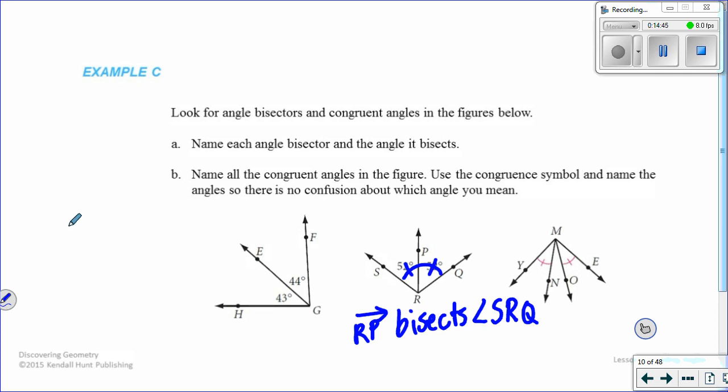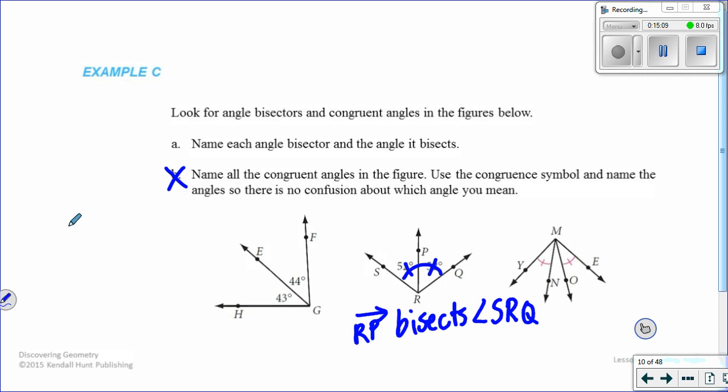All right? So let's look at this one right here. This one's a little bit different, this next one. And I'm going to skip part B. We're not going to name all the congruent angles for now, we're just going to focus on the bisectors. For that second part anyway, for that second figure. But if we move over to the third figure, does anything bisect anything else?